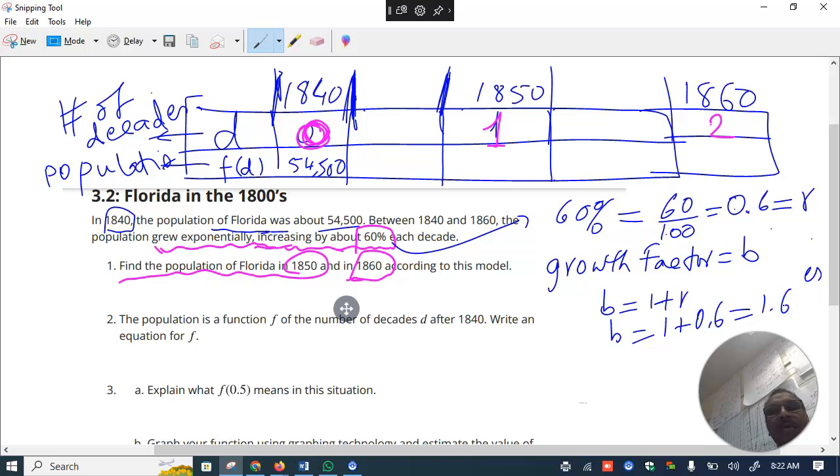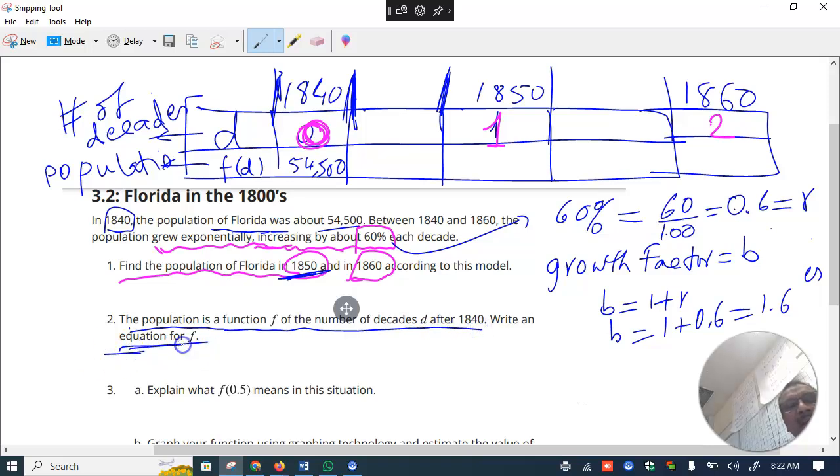So when you want to figure out how much the population is in 1850, the second question says the population is a function of the number of decades. Write an equation. I think this should have been the first question, but they try to check students' understanding.